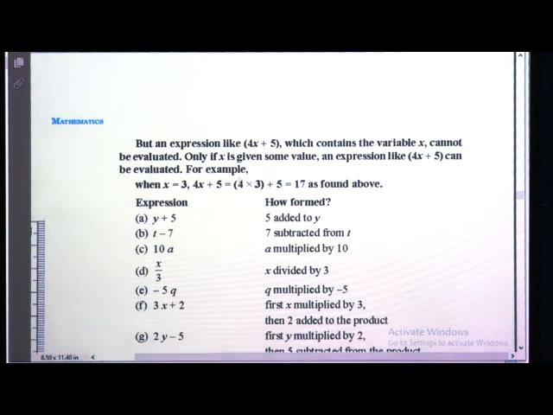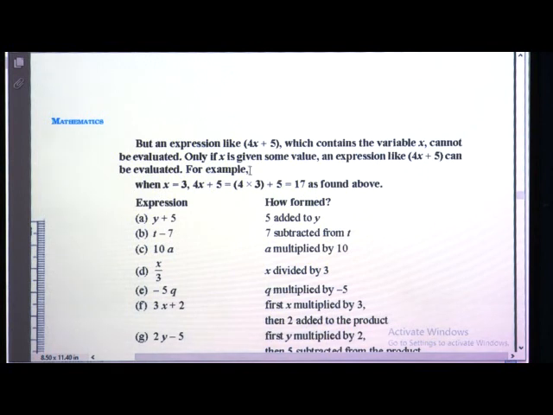But an expression like 4x plus 5 contains the variable x, which is the unknown. So, can we evaluate it immediately? No. As the value of the variable x is unknown, we cannot evaluate it.